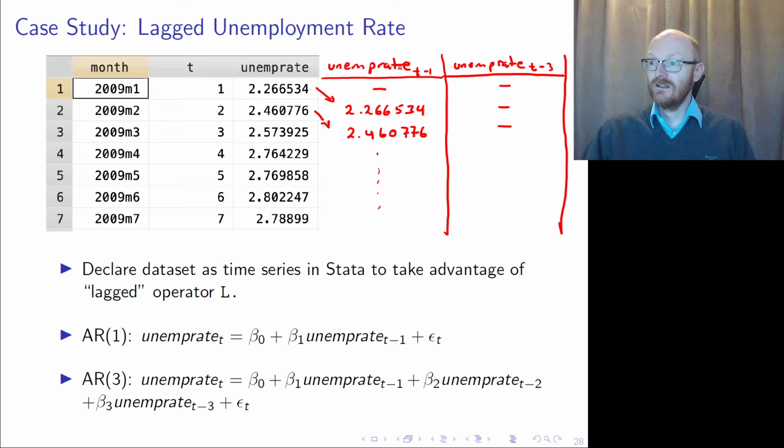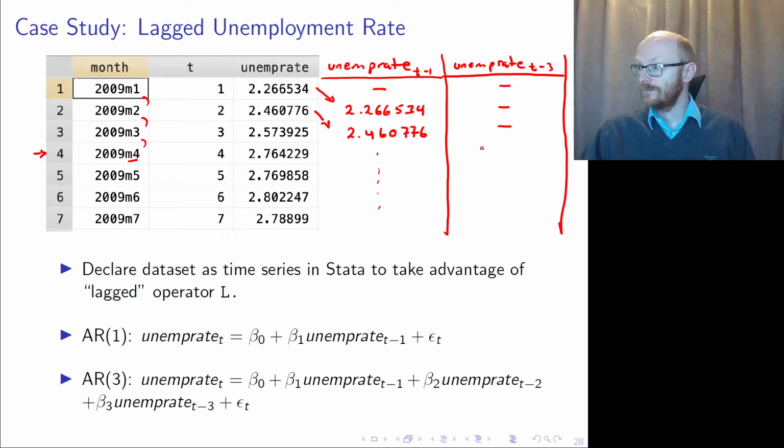But if we get down here for month 4, we lag 1, 2, 3, and then we can see that we use the month 1 unemployment rate.